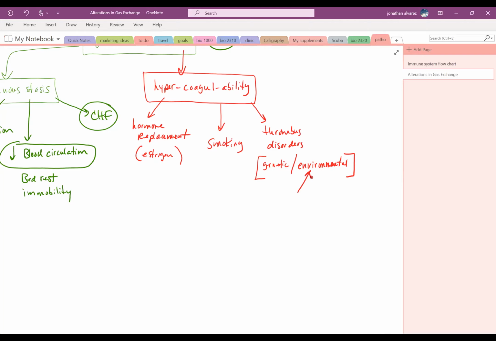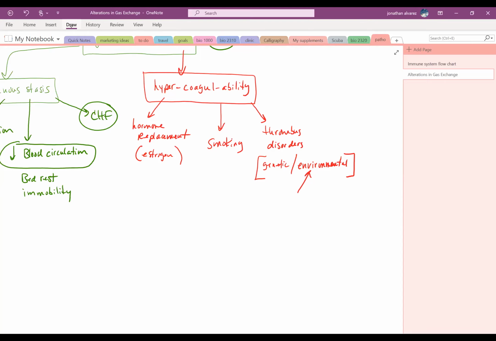Like you don't have to smoke, and you don't have to do certain things to your body and to yourself that would put you at risk for getting blood clots. Sure, certain things environmentally you can't help, but a lot of it you can. But either way, that can happen.